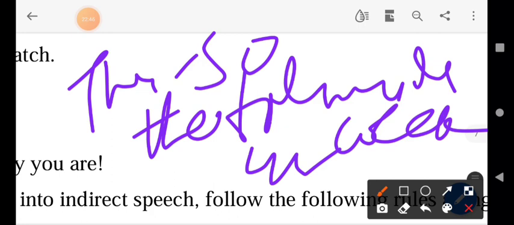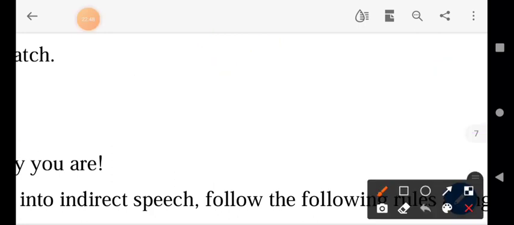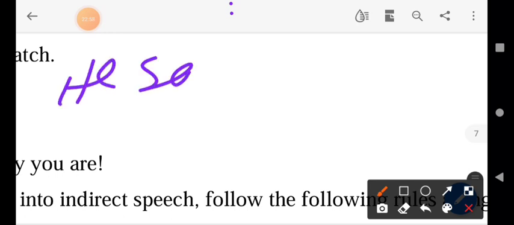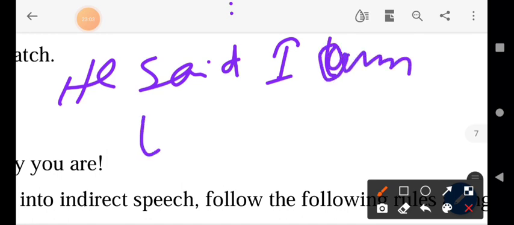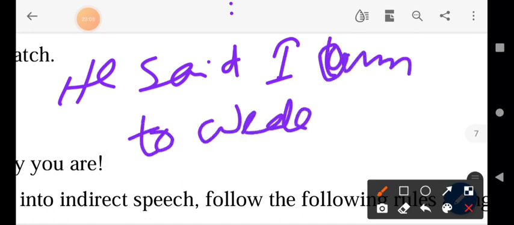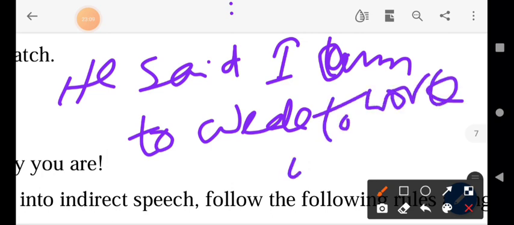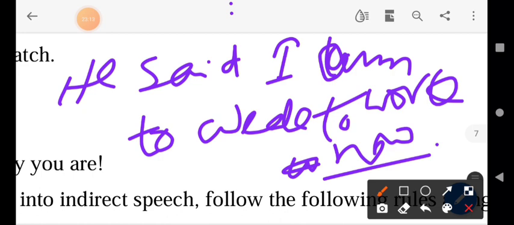For example, I will write one sentence, my dear students, regarding the adverb of time and adverb of place. He said, "I am too weak to work now." Here the adverb of time is there. What is the reported speech here?